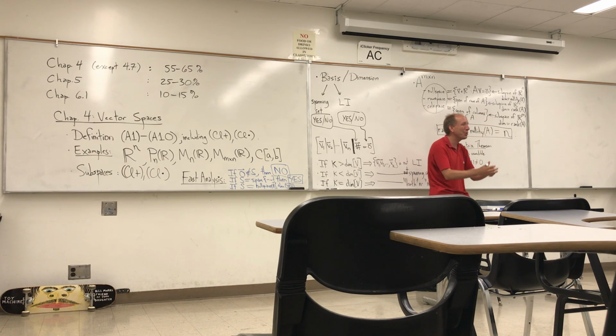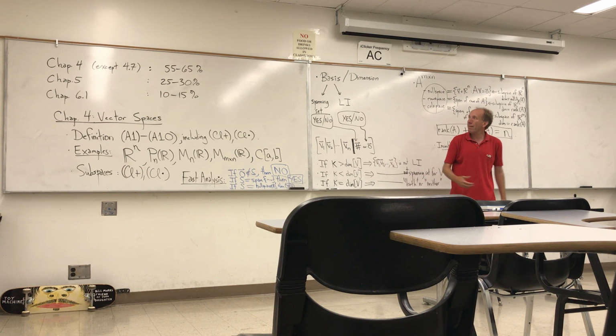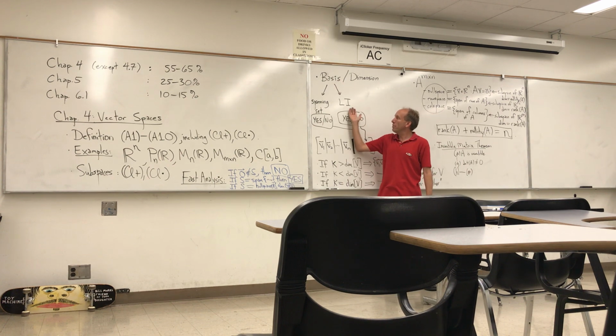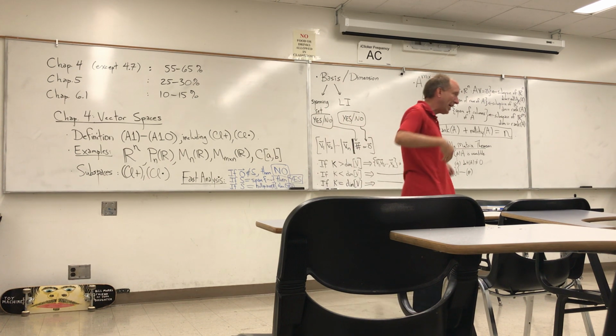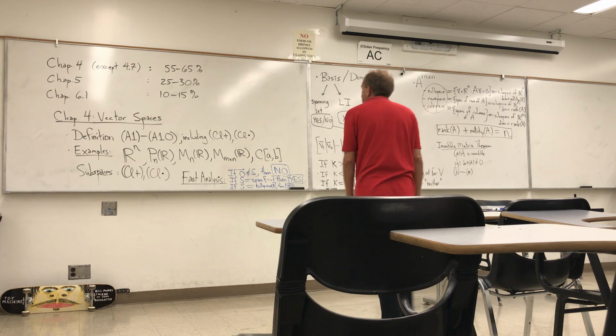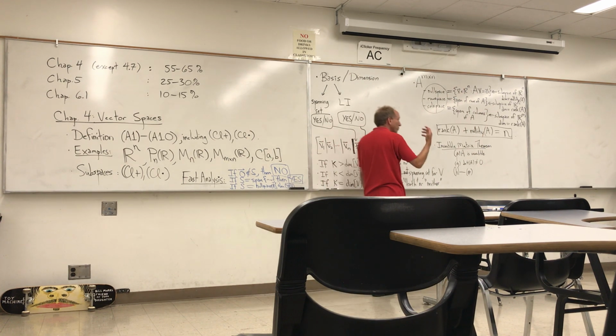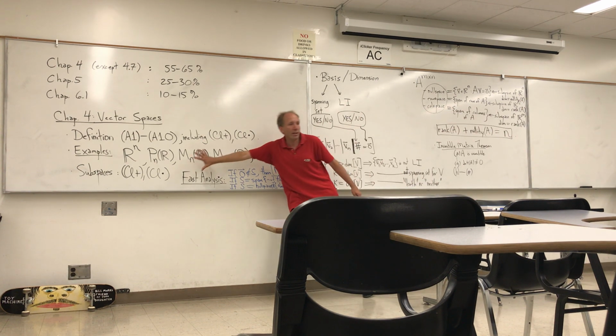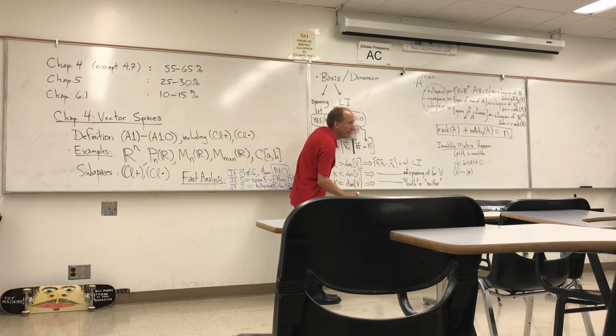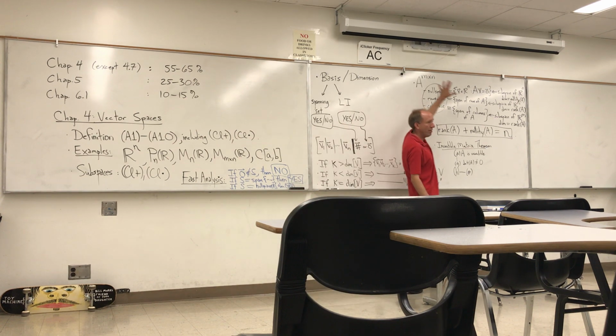An invertible matrix is a good thing. Having a basis, linear independence, and a spanning set, those are all good things. So we're thinking of them all together at once. Okay, so this is an overview of chapter 4, the beginning of it, the middle of it, and the last part of it.